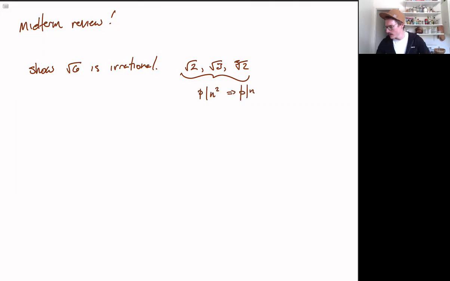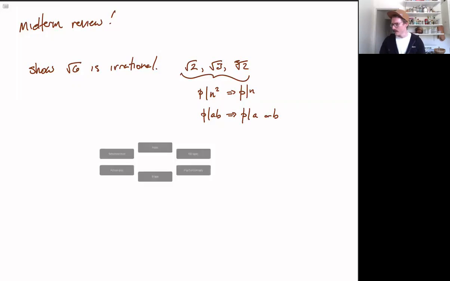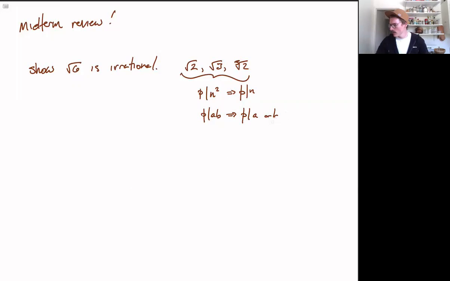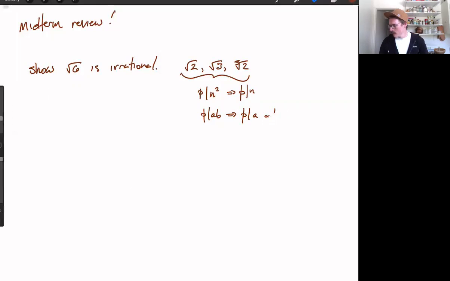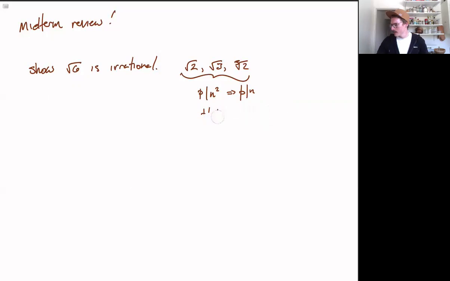Or something like, if p divides ab, then p divides a or b. These were the kinds of things we were doing when we were solving these problems.